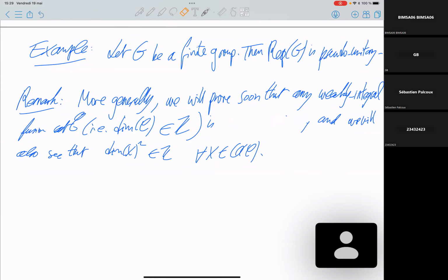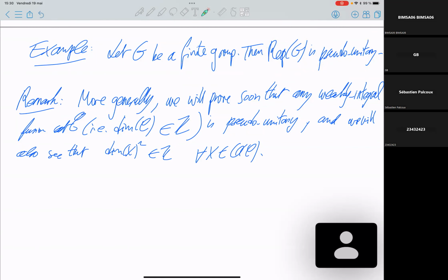So what is the point of this remark? The first point is to provide a huge class of examples of pseudo-unitary fusion categories, in fact all the weakly integral ones. As long as the categorical dimension is an integer, we will prove soon that it's always pseudo-unitary. For example, this one is integral, so it's pseudo-unitary.